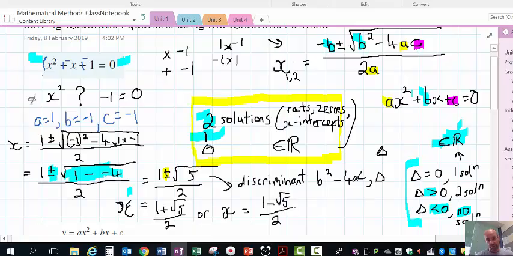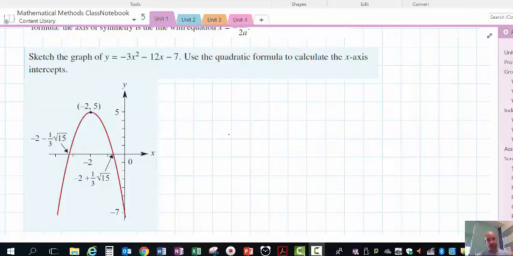It's only if you have practical problems where you need a numerical answer that you would enter these two solutions into your graphics calculator and get an approximate decimal answer. So there are your two solutions.